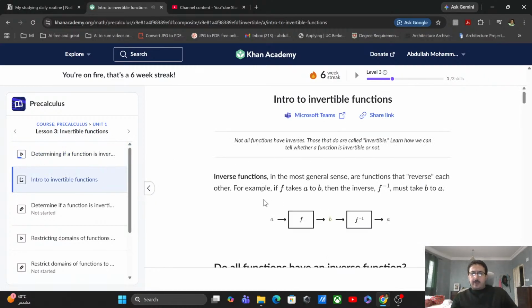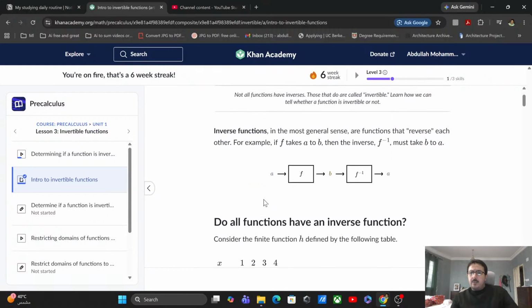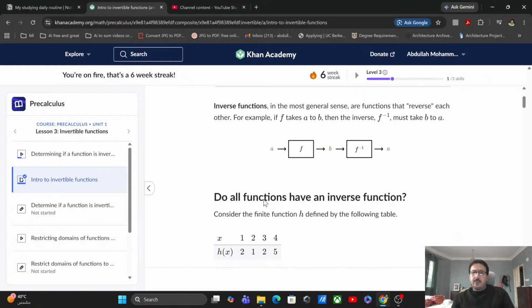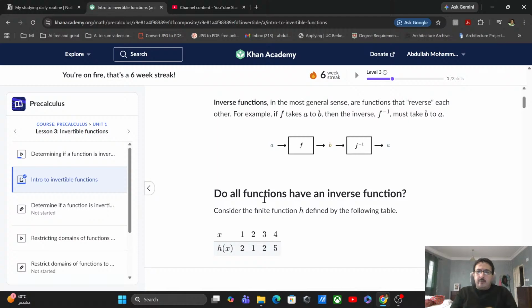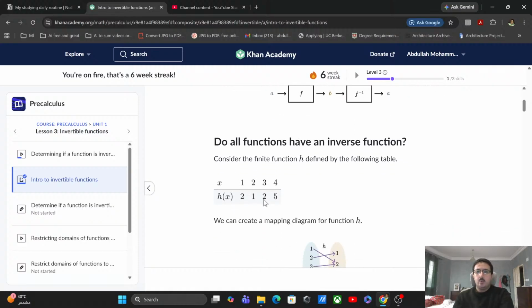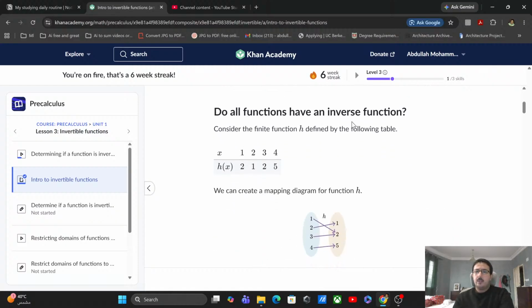Inverse functions, in the most general sense, are functions that reverse each other. For example, if f takes a to b, then the inverse f -1 must take b to a. Do all functions have an inverse function?